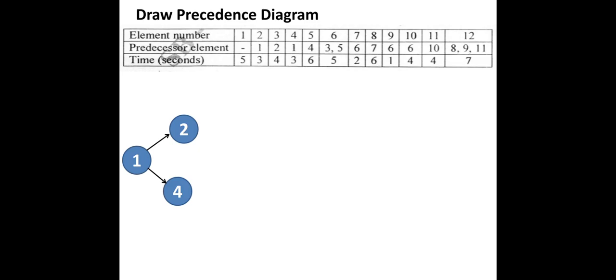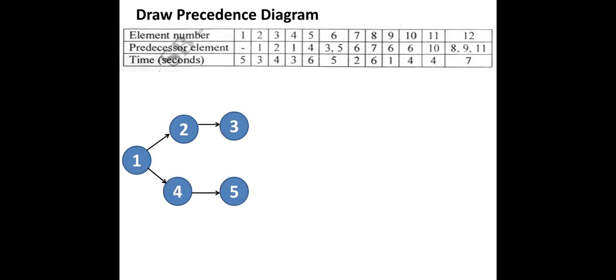First step is to draw the precedence diagram. As I already told you, we need to consider the element where we don't have any precedence constraint. Element number 1 is that particular element. I have drawn that. From 1 we have element number 2 and element number 4.